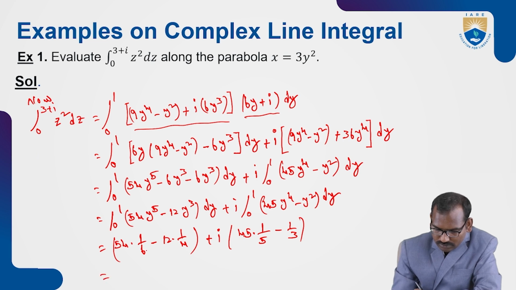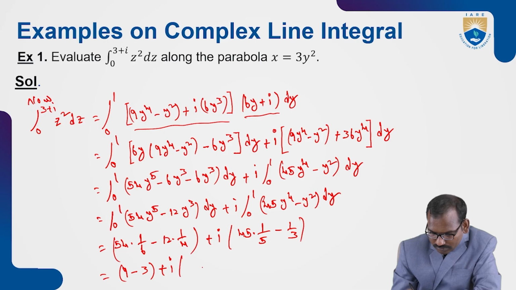So it is 9 minus 3, plus i times 9 minus 1/3.